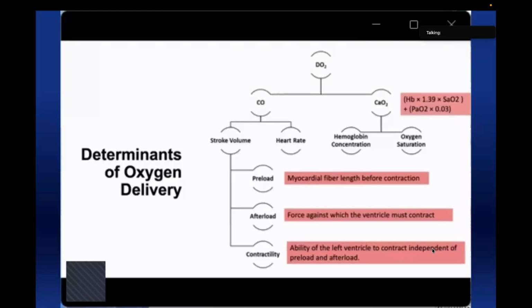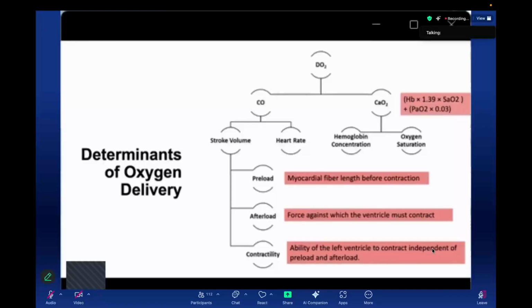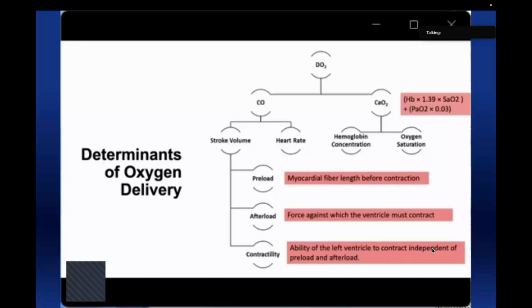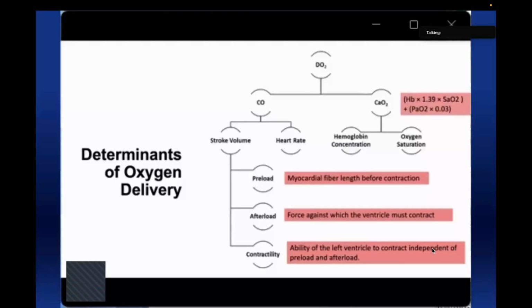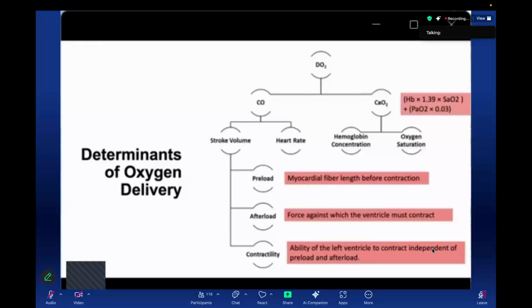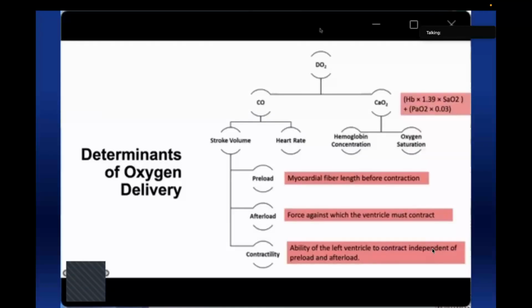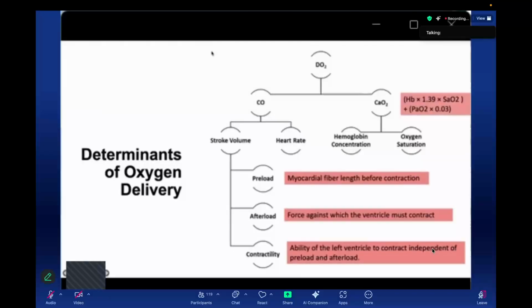We all know that the stroke volume is affected by three major factors: your preload, the afterload, and your contractility. Here, your preload is determined by your myocardial fiber length before it contracts. The afterload is the force against which the ventricle must contract, and your contractility is the ability of your left ventricle to contract independent of your preload and your afterload.